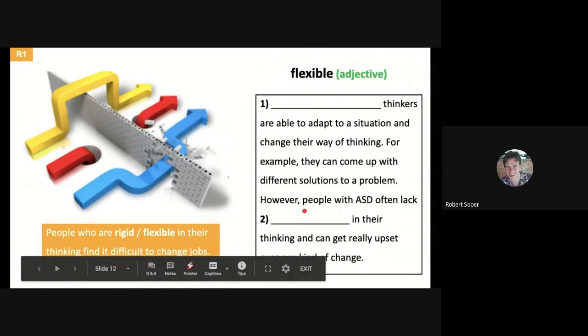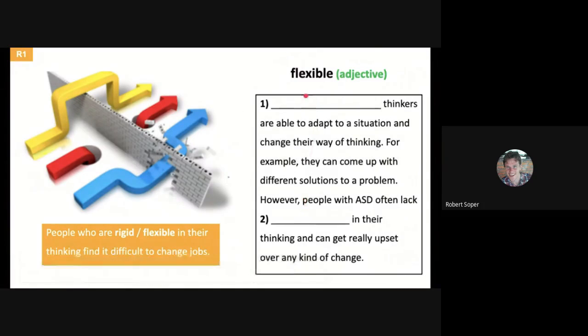Do the same with number 2, and then put in the correct form of the word flexible in your answer. Okay, pause the video and see if you can do that.